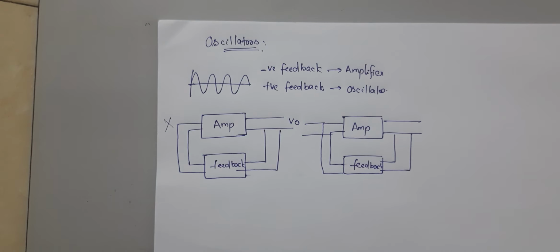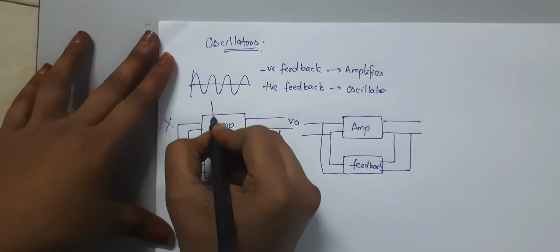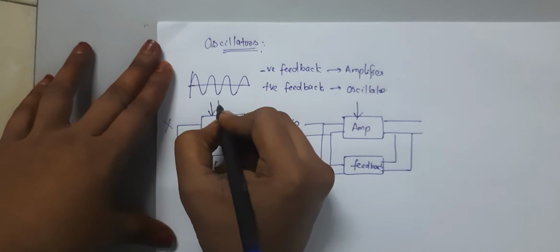The amplifier has an input signal and it uses negative feedback. So this is the basic difference between an amplifier and an oscillator. To generate the AC voltage, the circuit is supplied with energy from a DC source. So here DC source and here also DC source.